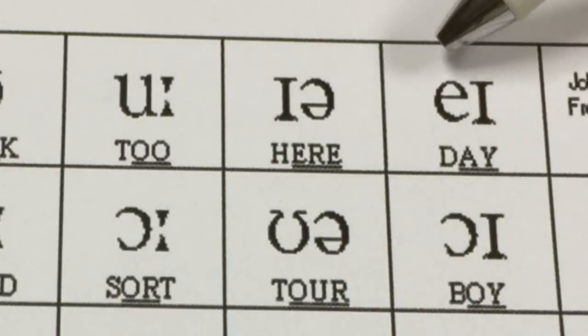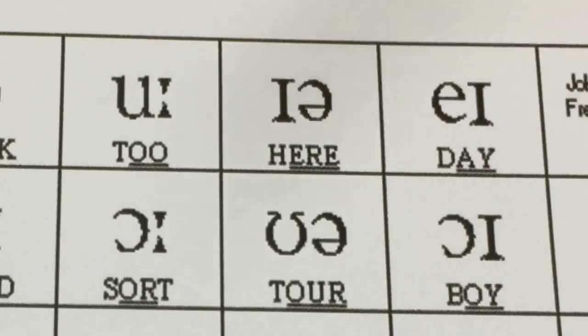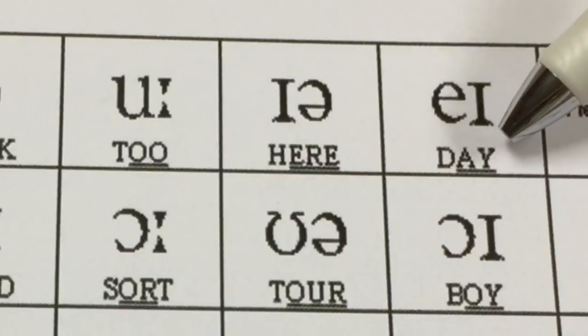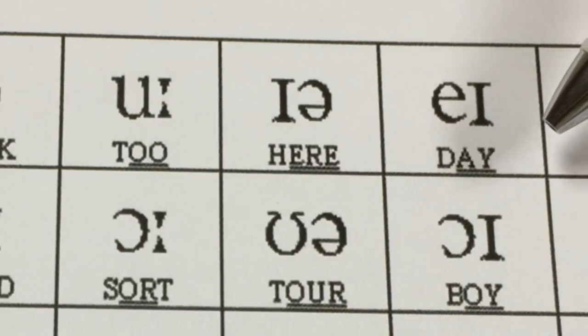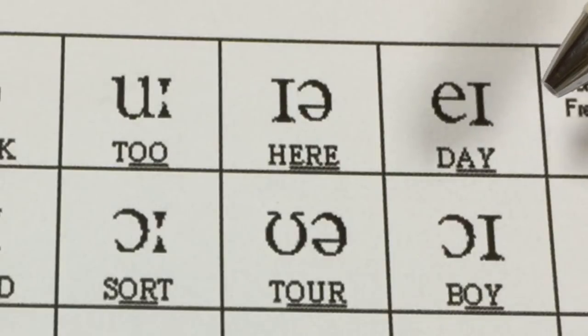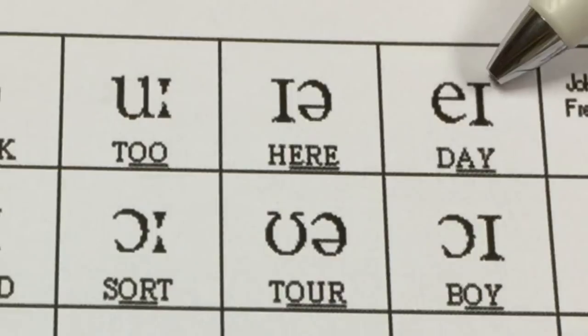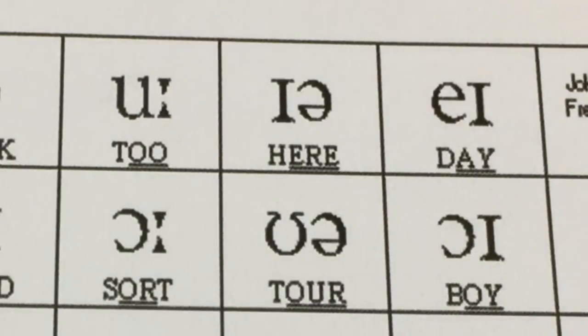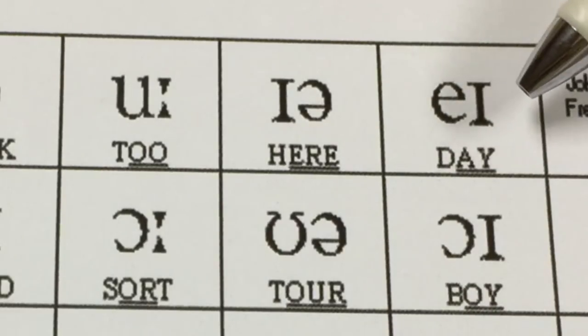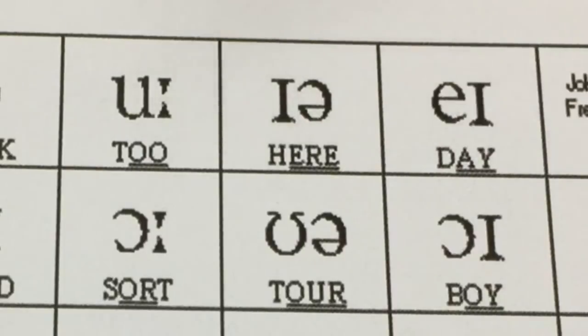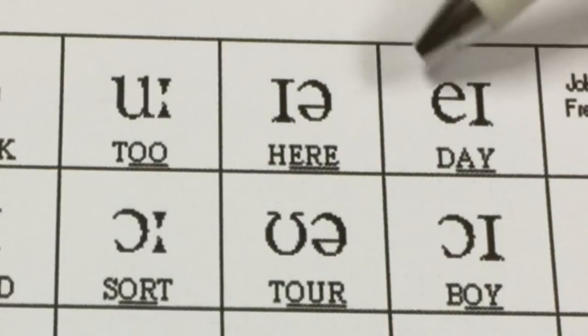For example, this is E and E. So for example, the word day is not just day, but is day. So once you learn the phonetics, you can read the language efficiently and correctly. So this is not day, this is day.